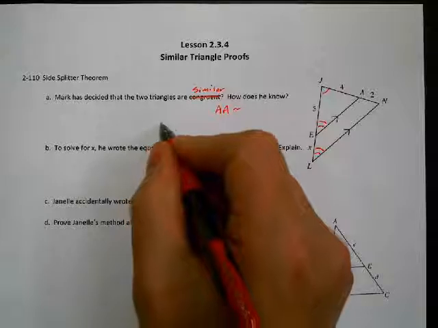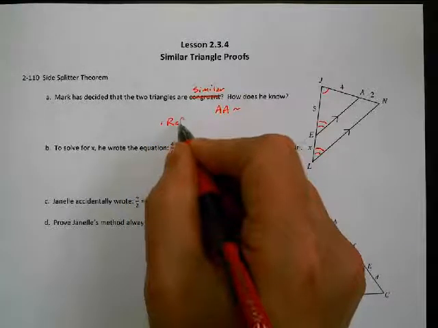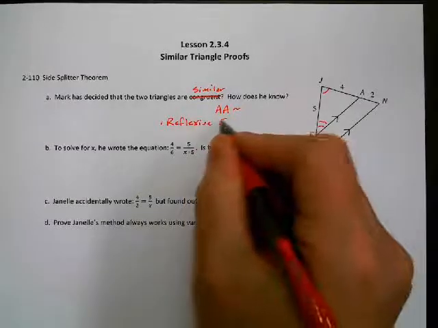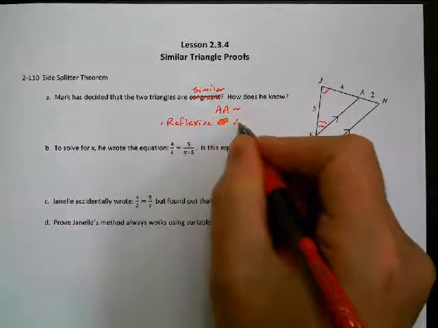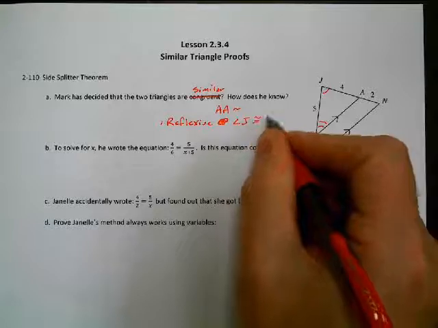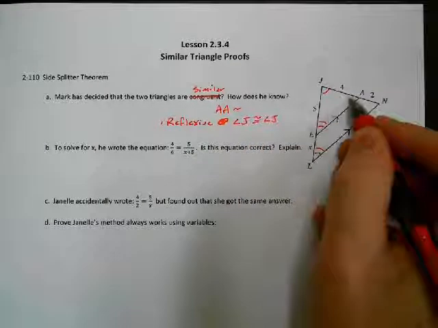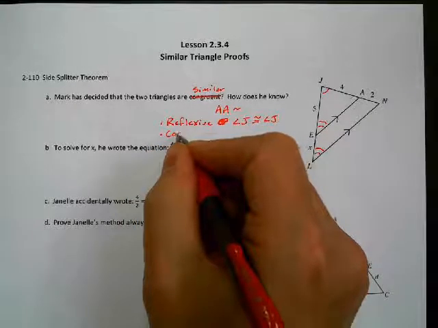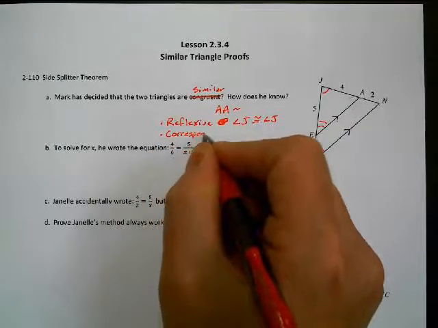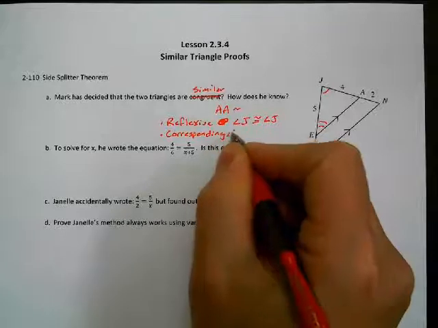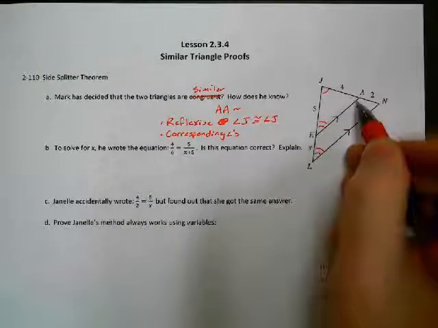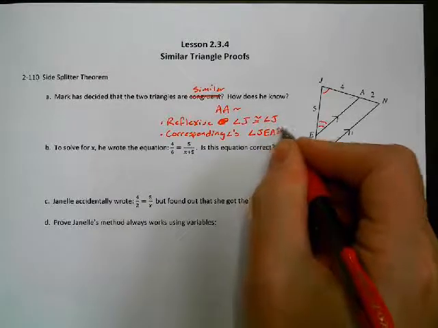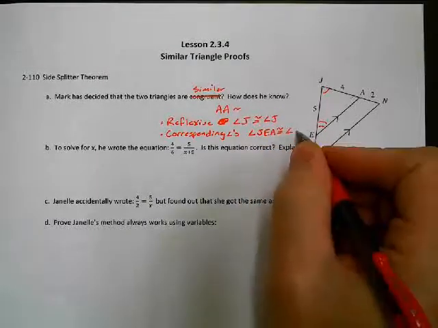He used the reflexive property, saying that angle J is congruent to angle J. So angle J from the small triangle is congruent to angle J from the other one. And then he uses corresponding angles, using JEA congruent to this angle L down there.